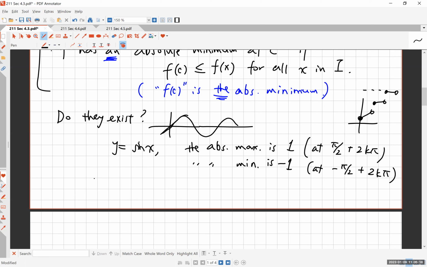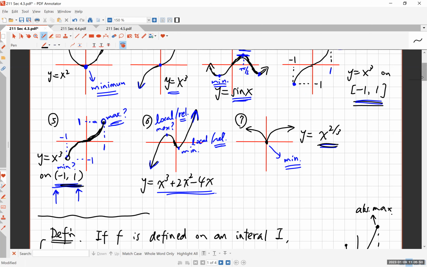Okay, no problem, right? Now I also mentioned when you have something like this, or on the entire line, these have no absolute maximum or minimum. Is it okay to say that? Yeah, if it goes to infinity, then you can't say there's a maximum point or a minimum point, right? And even if it stops here, this is the, which example was it? Example number 5, where you have an open interval.